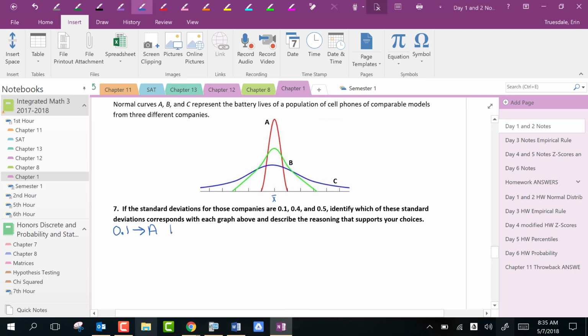So you could say because the data is tightly clustered around the mean.